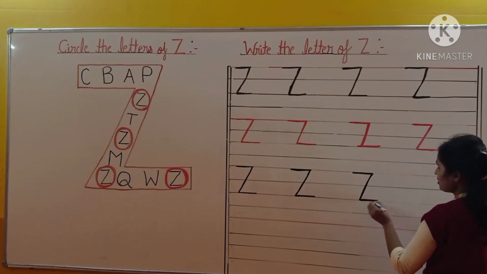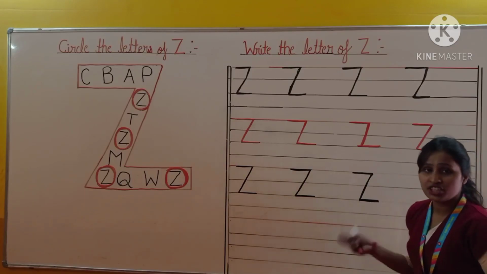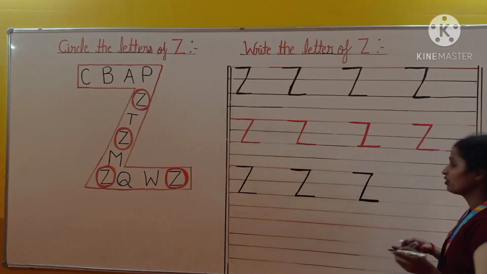After that, another sleeping line. Which letter, students? Tell me. This is a capital letter Z. Z is for zebra.